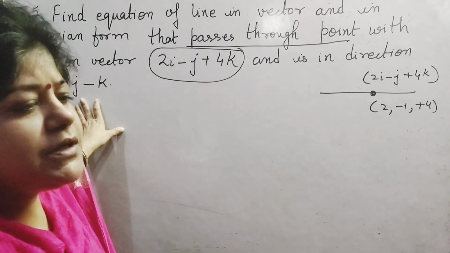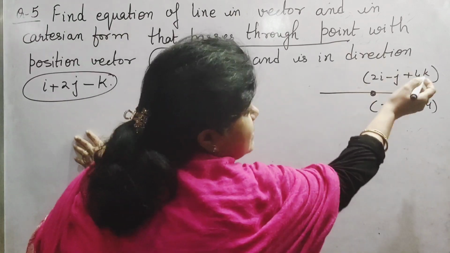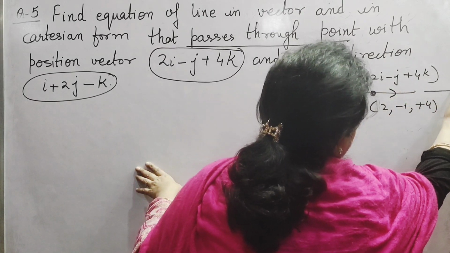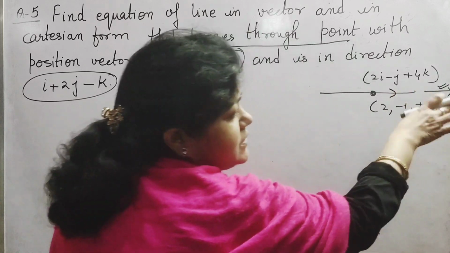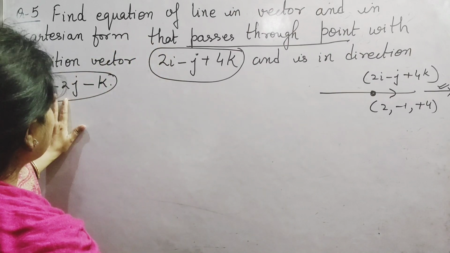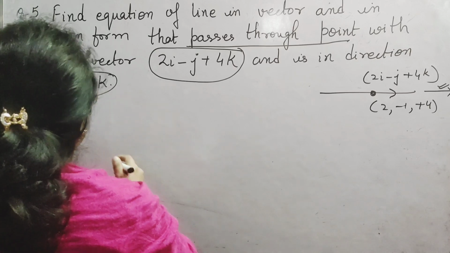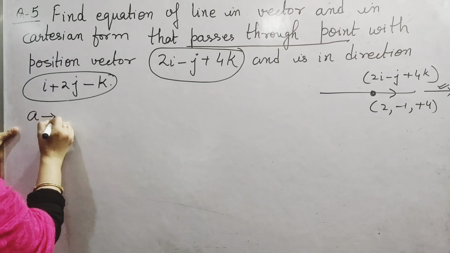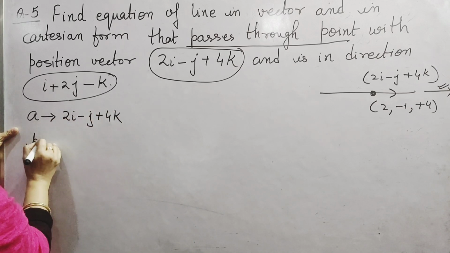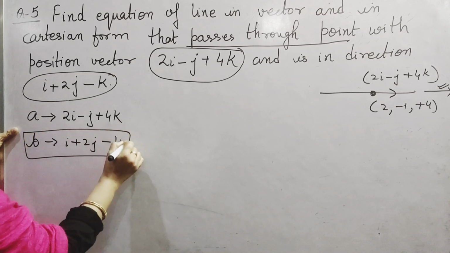And it is in the direction of this. So this is the vector in whose direction the line goes. That means, for example, this is the point from where the line passes, and in the direction, there is already one vector which is in the same direction. That means this line is parallel to this vector. So here the value of A becomes 2i minus j plus 4k, and the value of B becomes i plus 2j minus k, the parallel vector.